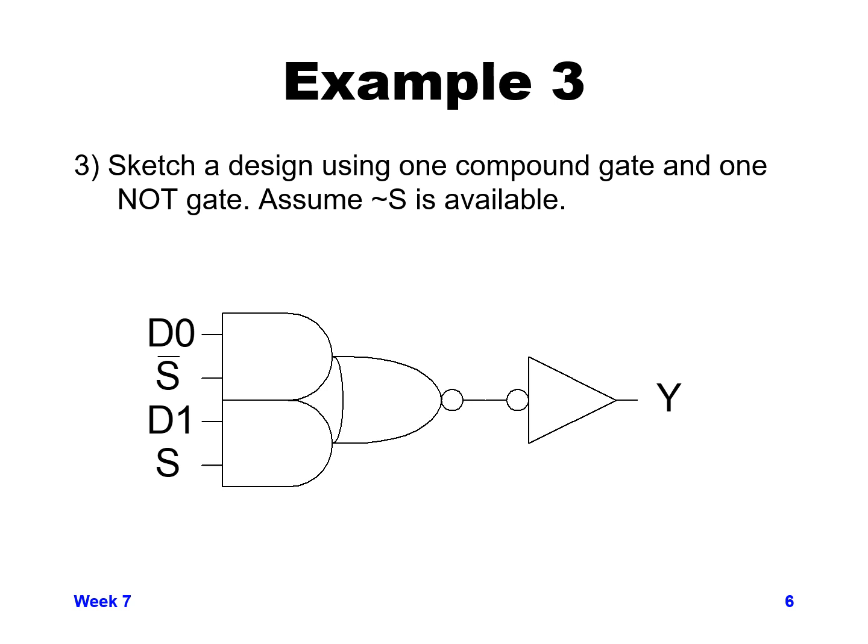So we have D1 and S1 ANDed together, S bar and D0 ANDed together, and then those NORed together in one compound gate, followed by an inverter, giving us an AND-OR function. You can map out what the compound gate would look like at transistor level yourself, but I'll show an example of that in the next foil.